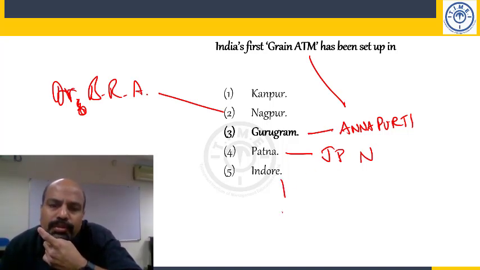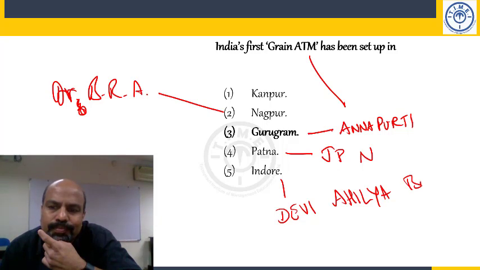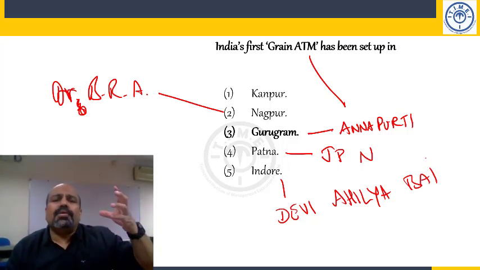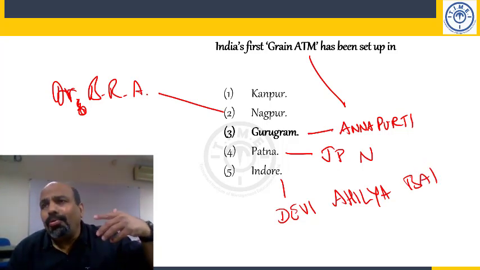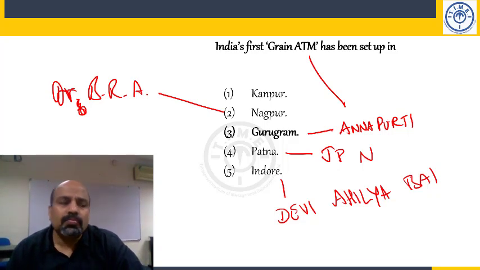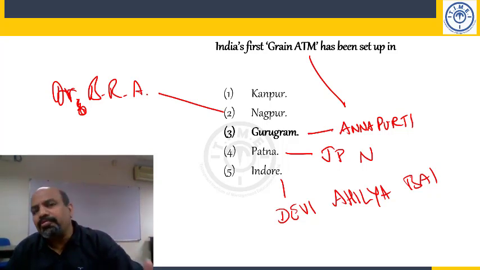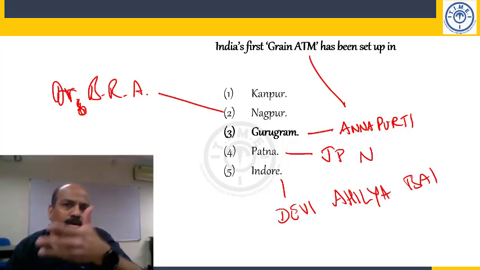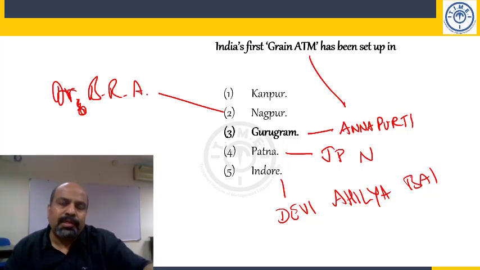Indore, Devi Ahilya Bai Airport. It is one of only 2 airports in India named after women. The other is the airport in Delhi, Indira Gandhi International Airport.